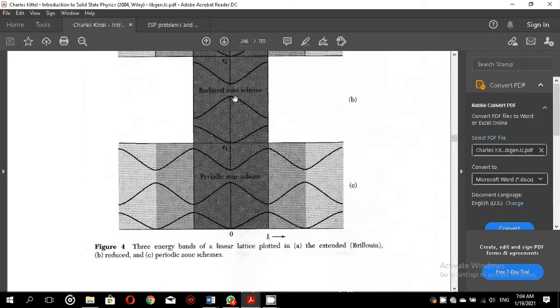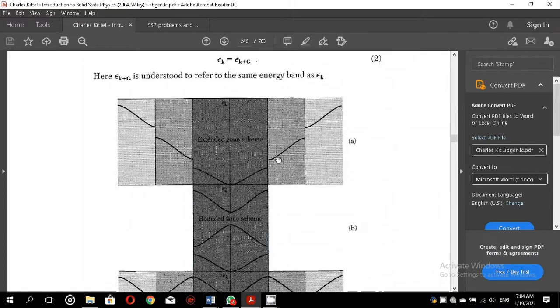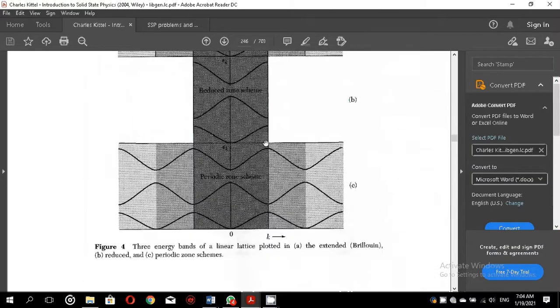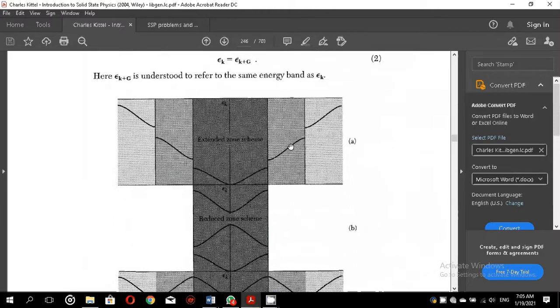Here is this reduced zone scheme in figure B, in which we have taken the energy versus K graph, and we have taken the part of the graph which goes outside the first Brillouin zone, as you can see here, into the first zone by transferring, for example, this part to this part.